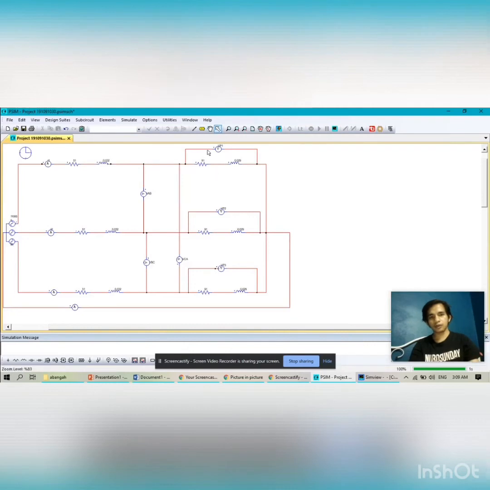For measuring the voltage at the load, we put the voltmeter in front of the load at line 1, line 2 and line 3.